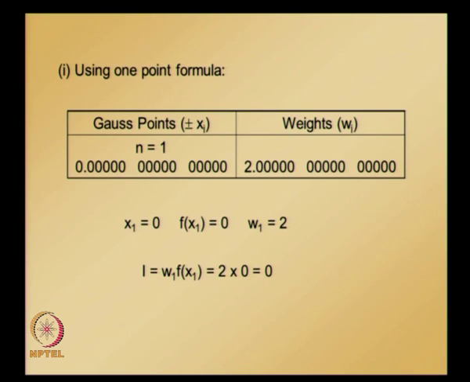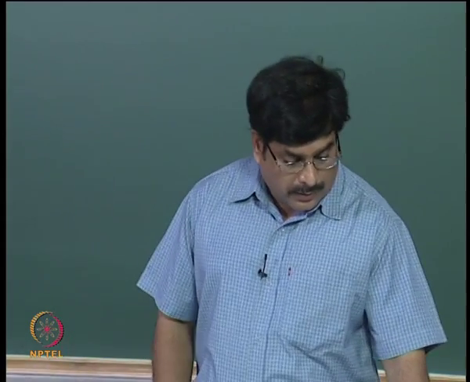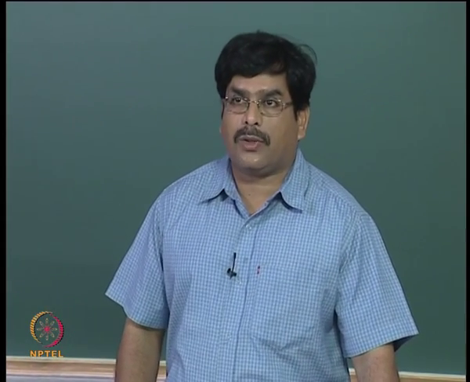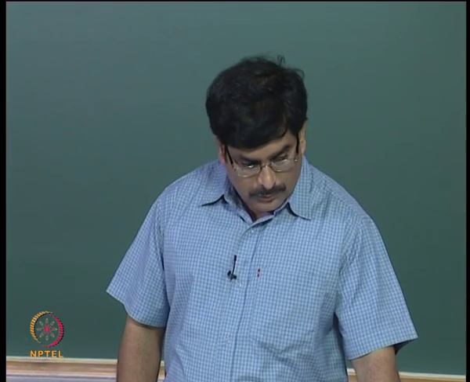So, the 1 point Gauss quadrature approximates the given integral to be 0, which is not making any sense. So, now let us go to 2 points.